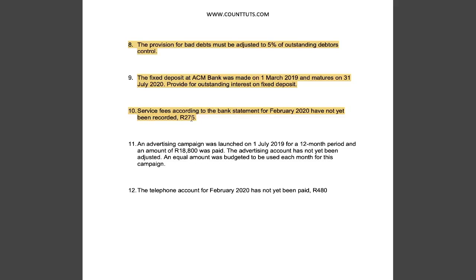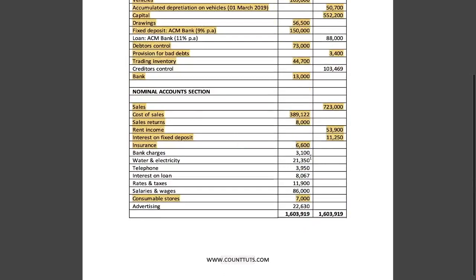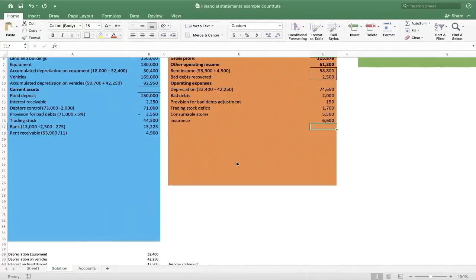Okay, so we needed to have added it to our bank charges. So if you go to the pre-adjustment trial balance, the bank charges is 3,100. Okay, so we need to put here bank charges, and the amount there is 3,100 plus the 275 rand.